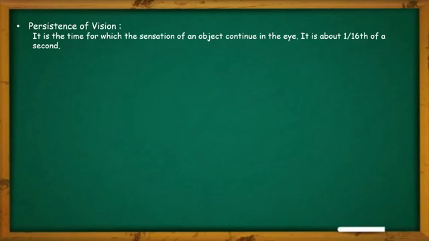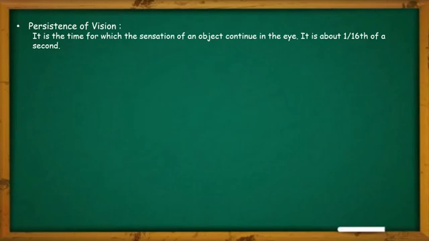It means even if the object is removed from in front of your eye, the image of that object still continues to persist in your retina for 1/16th of a second. This is the real reason for which movies are created.